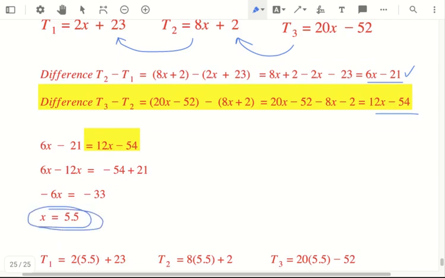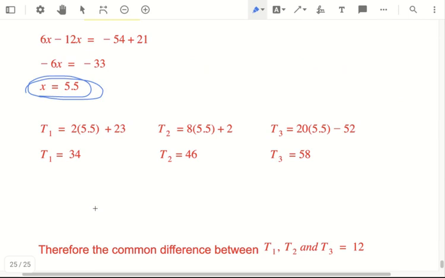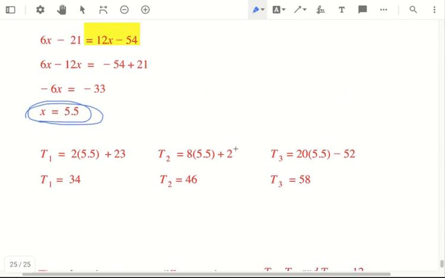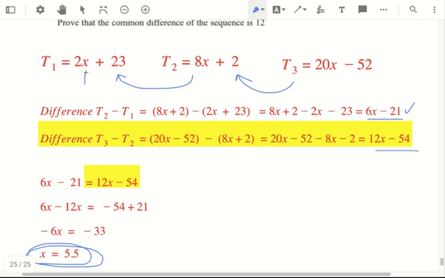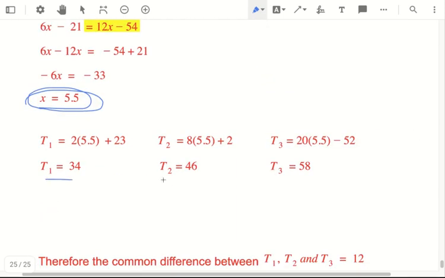Okay. Then we use this x equals to 5.5 to find T1, T2, T3. So we substitute 5.5 back in here, and back in here. So we get T1 as 34, T2 as 46, T3 as 58.